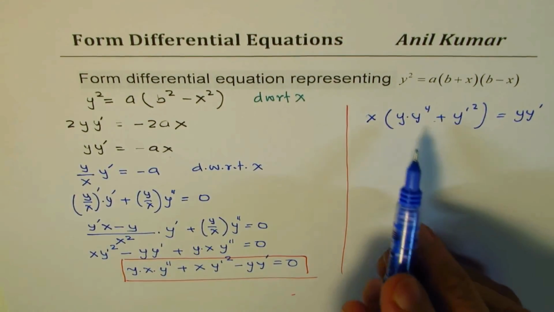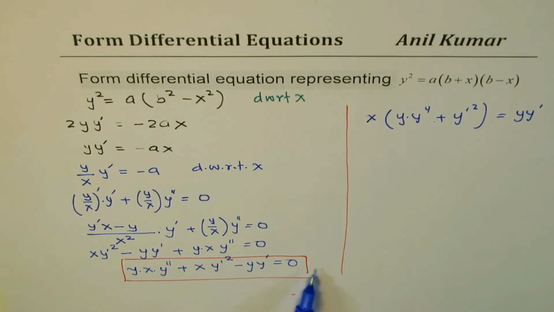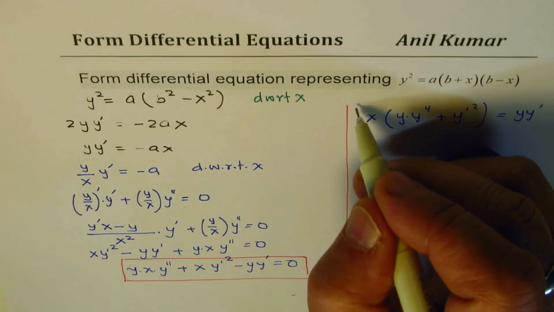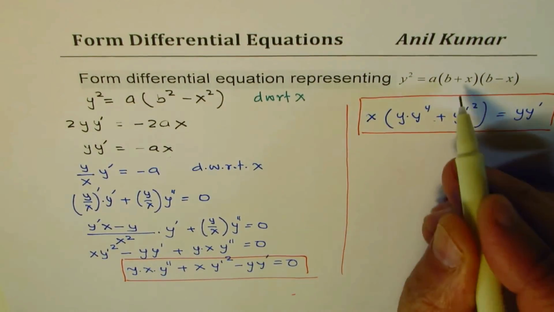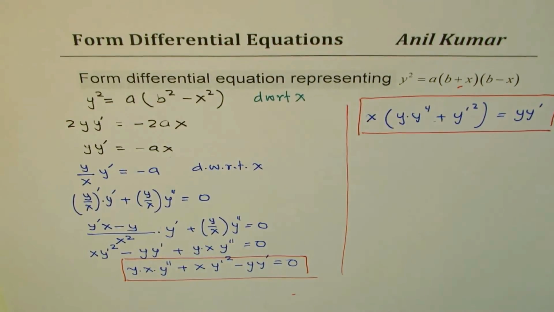So that is how you would actually write your answer, by rearranging it and taking x common. So either way, both are kind of correct differential equations representing the family of curves shown here. Thank you.